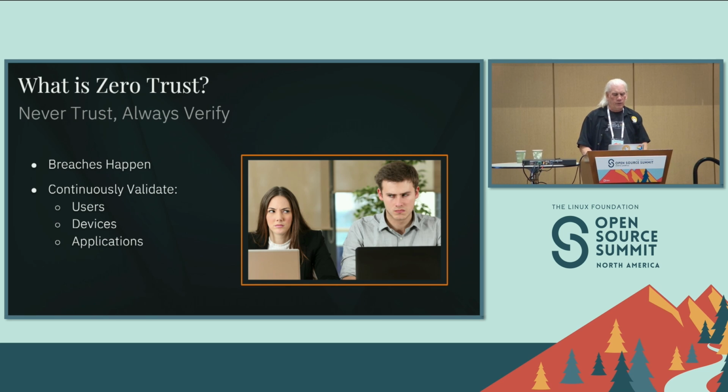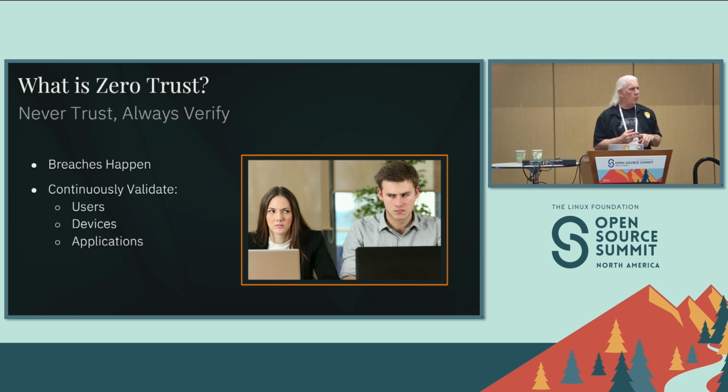All right, like I said, we're going to jump in and I'm going to give you the long description of zero trust. We know that breaches happen when we talk about security. How are we going to make that better? What we want to do in the zero trust world is continuously validate who our users are. So do we have somebody sneaking in that shouldn't be there?